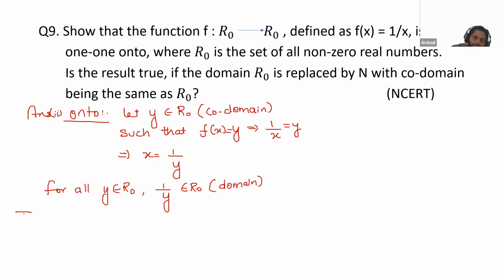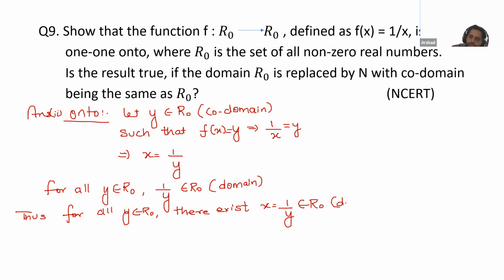Thus for all y belongs to R naught, there exists x is equal to 1 by y belongs to R naught, that is the domain, such that fx is equal to 1 by x is equal to y.